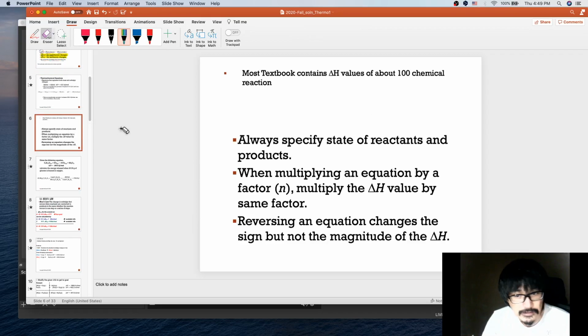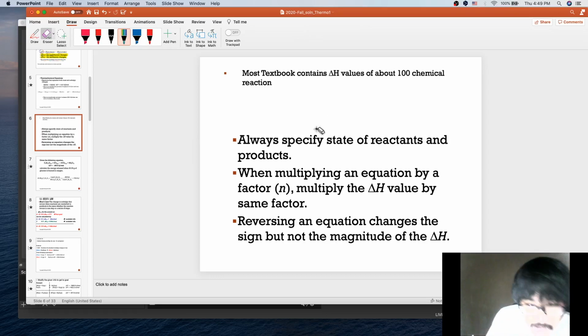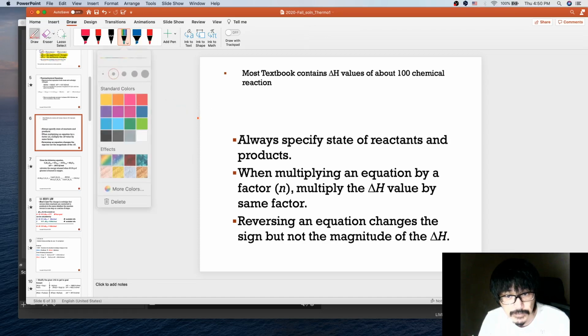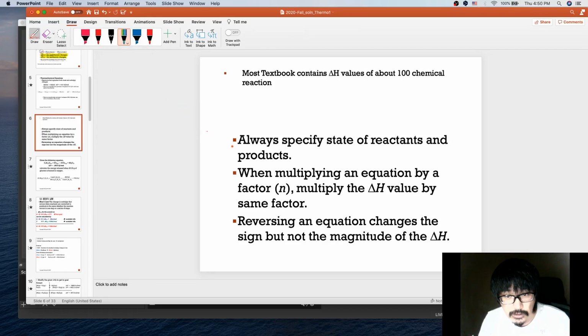So that was that, and I started to mention the manipulation of the delta H values. Three things you should probably remember: you always specify the state of the reactants and products. That's important.